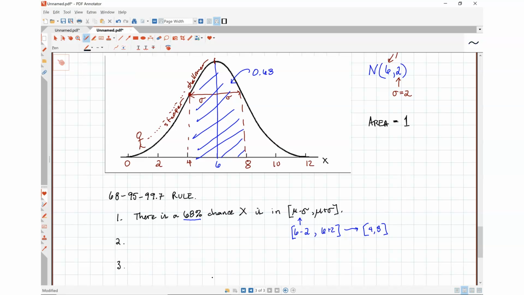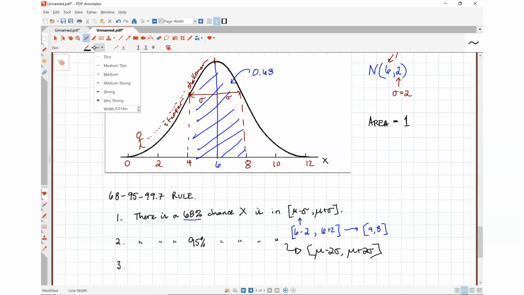The second part is that there is a 95% chance that x is in, oh no, I've not left myself enough room. Let's come down here. Mu minus 2 sigma and mu plus 2 sigma. And that looks like this.